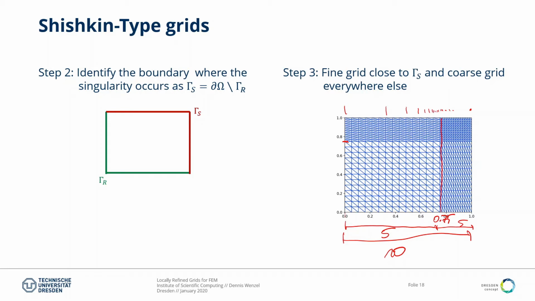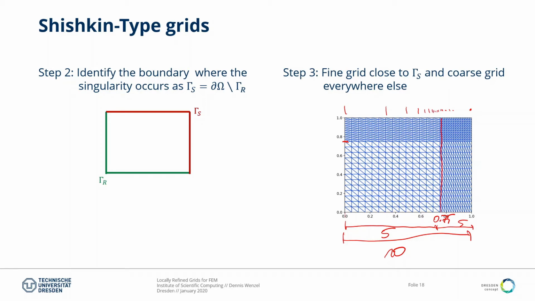But in the simplest case, if you want to create a Shishkin-type grid, you can simply say, I take a piecewise uniform grid: a coarse grid away from my problematic boundary, and a fine grid close to my problematic boundary. And that is it. So that is already the first concept of local adaptivity, because we have adapted our grid to the needs that our problem has.